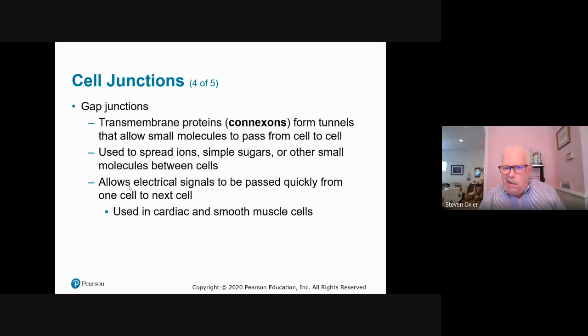And when you talk about electrical signals, you always talk about the heart, because the heart is based on electricity because it has its own pacemaker, and also other smooth muscle cells which are in your arteries and veins. So here you have the third junction, gap junction.